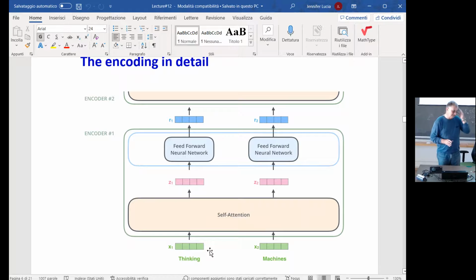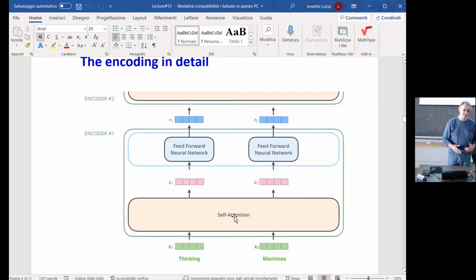Now let us simplify the phrase. Not je suis étudiant, so that we consider only thinking machines. Two words. So X1, X2, self-attention.